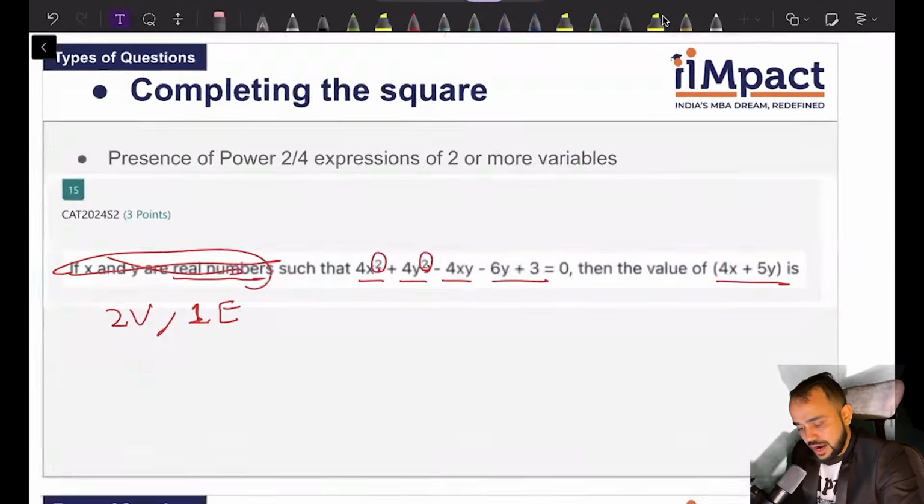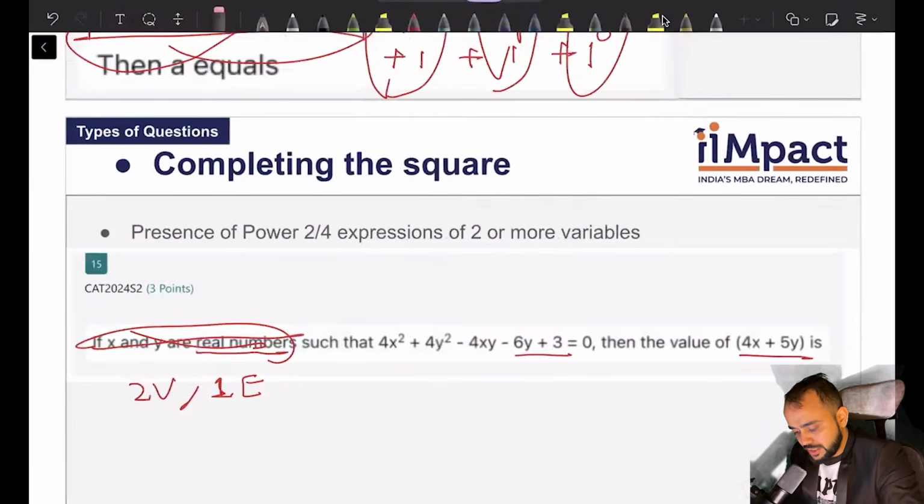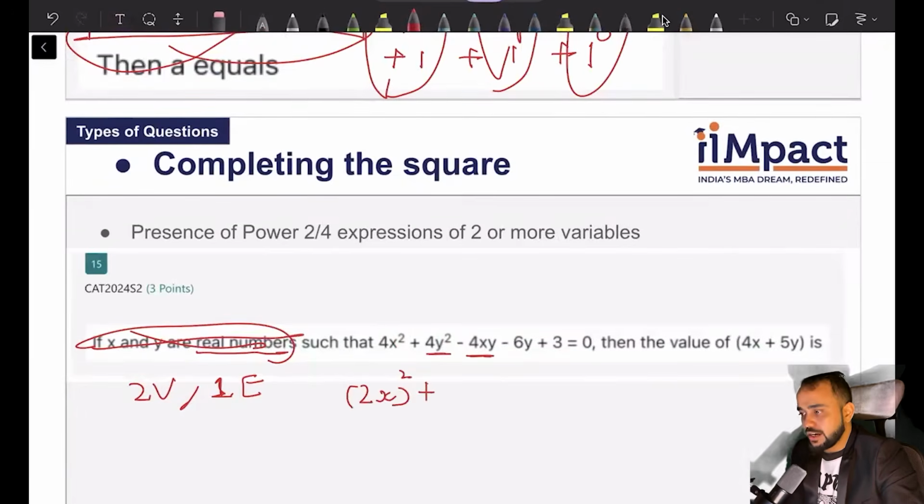So let us do that. Let us try and complete the square. So I have 2x whole square plus 4y square minus 4xy. Now because I do not have a standalone term with x, which means 2x will have to couple with a y to give me 4xy.